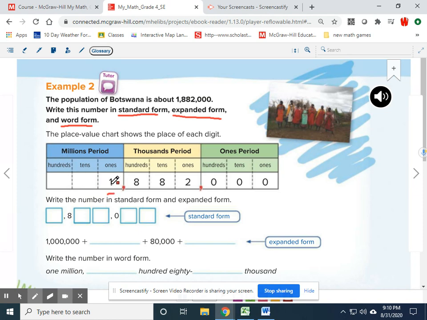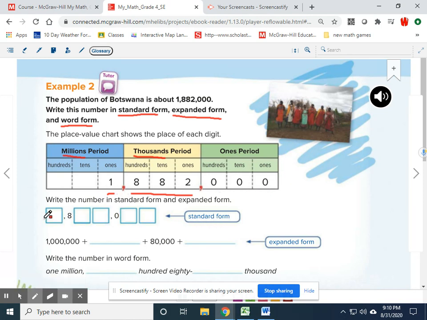So I would say 1 million. Then I would read this whole number right here, 882,000. And there's nothing in the ones period, so I don't have to say anything else. So I can say 1,882,000. What we just had there is written in standard form, okay?